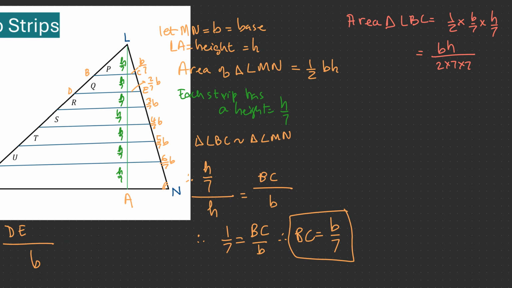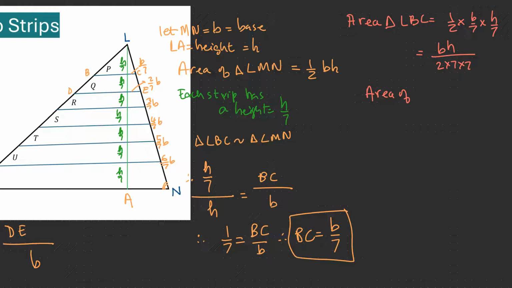So then the next one, we don't use the triangle anymore because this is the trapezium we need to find the area of. So I'm going to say area of BCED, sorry about that. So this is the bit that we are interested in.